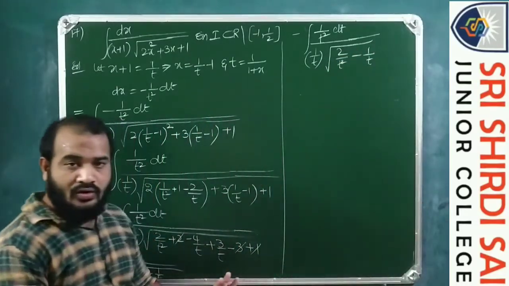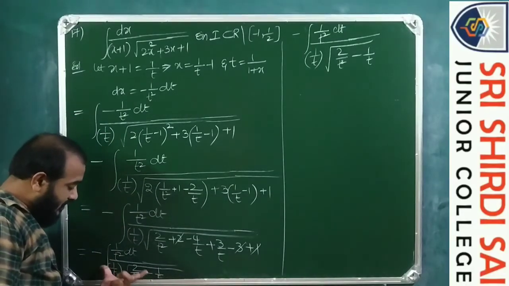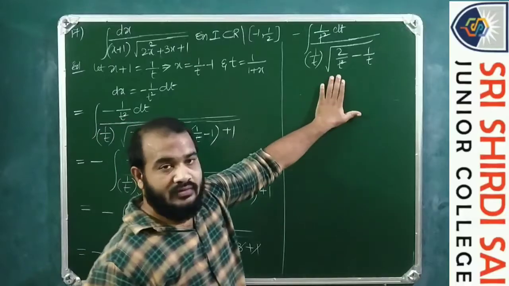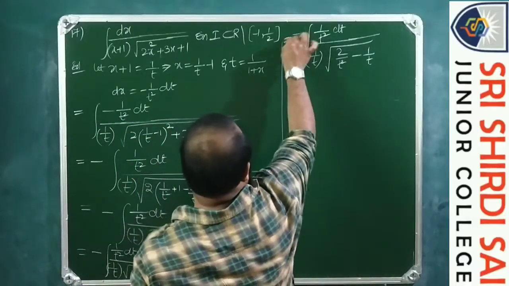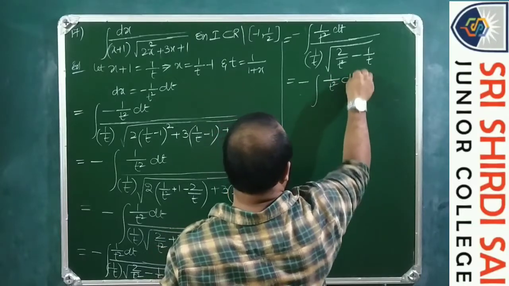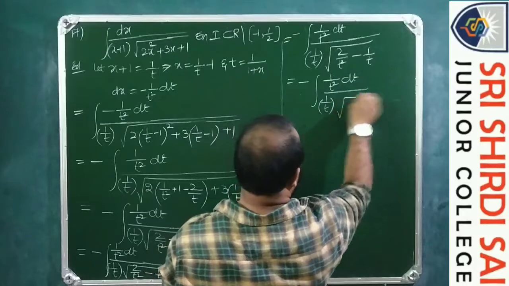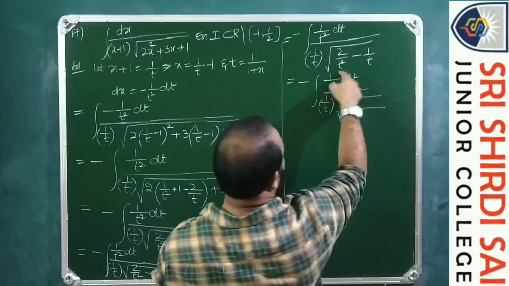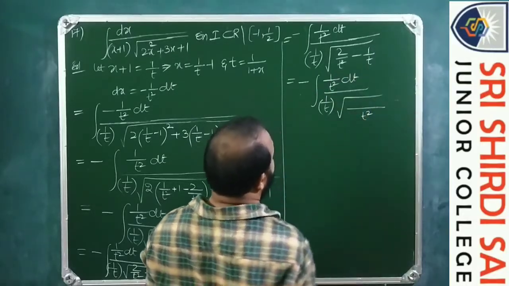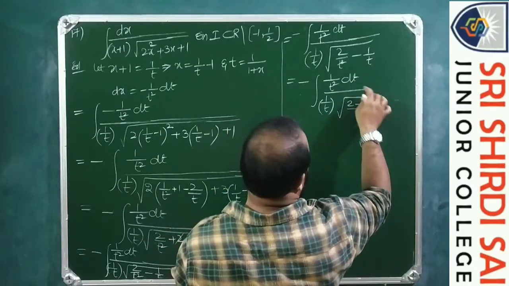So I did not do anything except carrying forward this here. So this is equals to minus integral 1 by t square dt by, this is 1 by t, this is t square, LCM is t square, so this is 2 minus t.